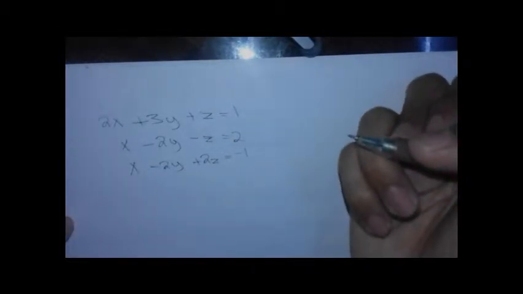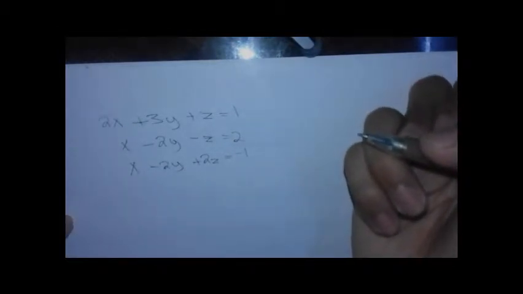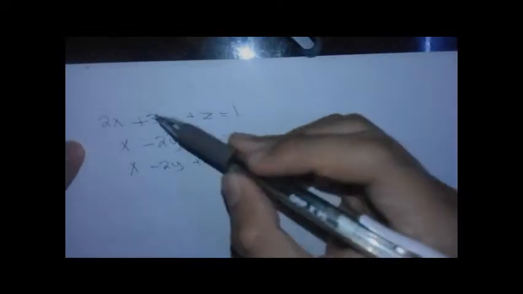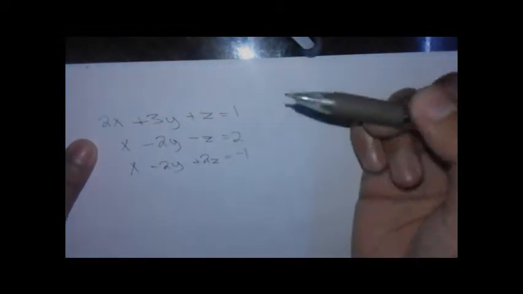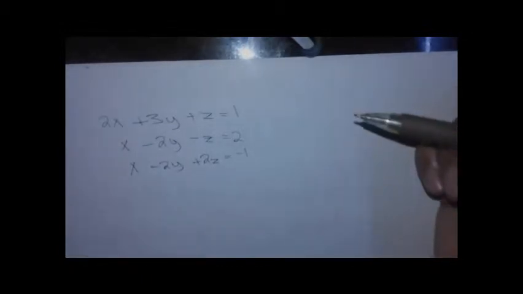I'm going to discuss how you can use matrix to figure out what x, y, and z are. The first thing you can do is cover this one. Let x, y, z be the variables, and the constants be d.